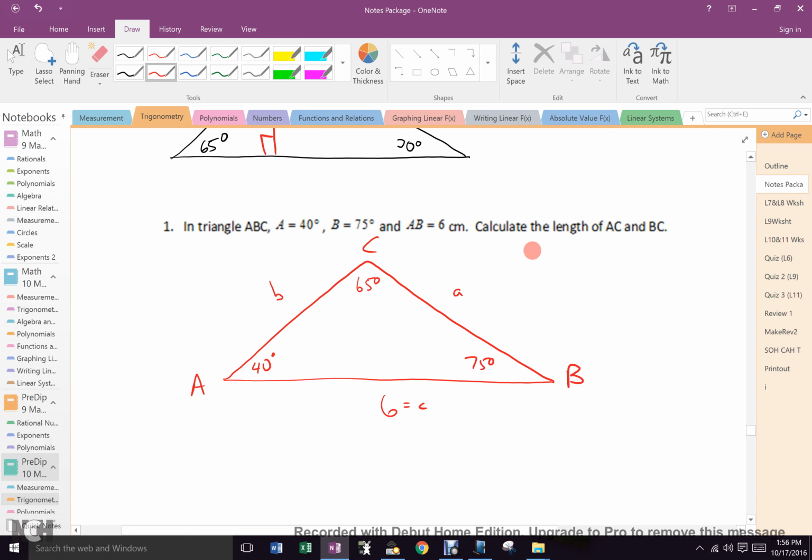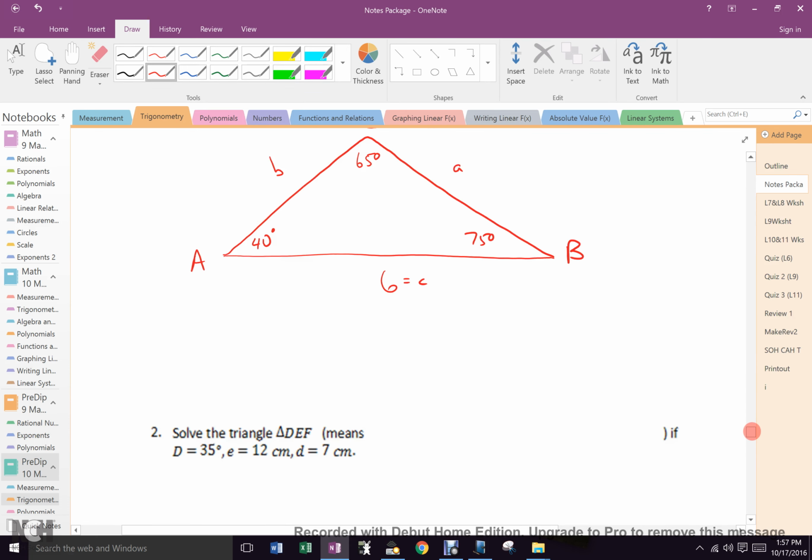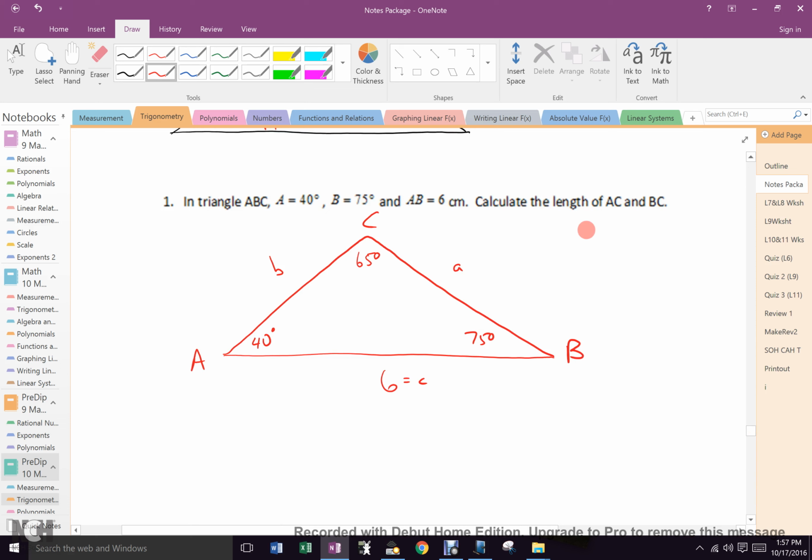So then we get, according to the sine law, and by the way, these are reversible. You can put the sines on top and the sides on the bottom. It doesn't matter. Some textbooks write it sine on top, some write a on top. It's the same thing. So according to the sine law, 6 over sine 65 must equal A over sine 40.